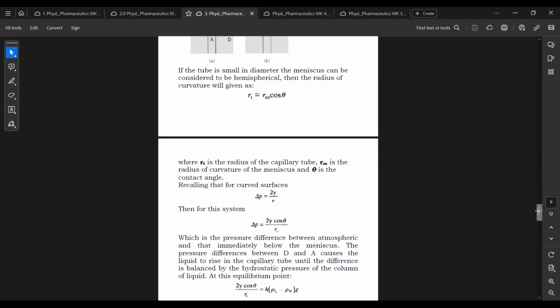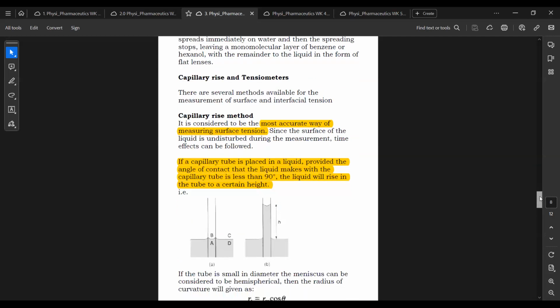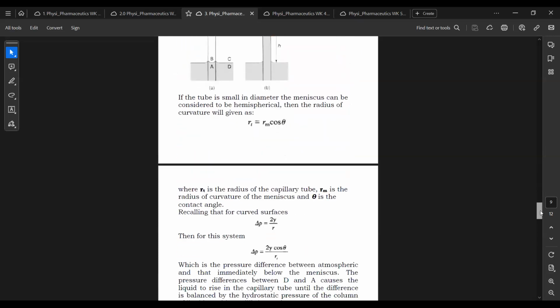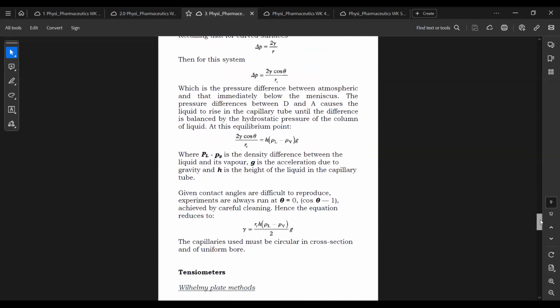It's important for us to understand this concept of the angle being less than 90 degrees, where the adhesion force is greater than the cohesion force. That's why the liquid will rise, and when it's that way, you're able to derive your surface tension values. But this paragraph here doesn't really explain in depth how to come about that. You just have to calculate.